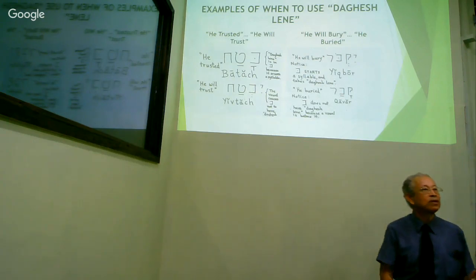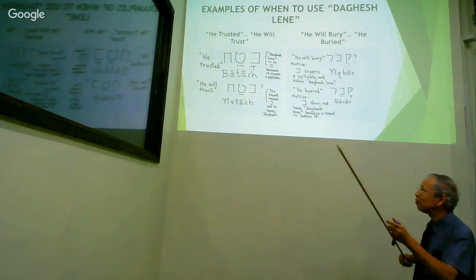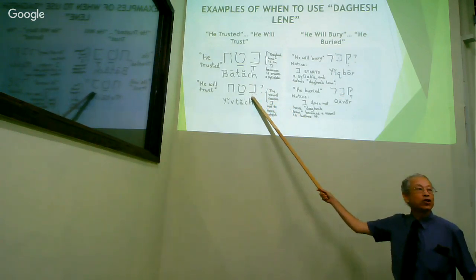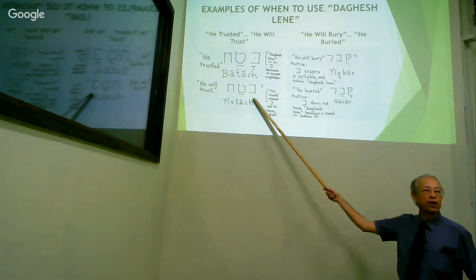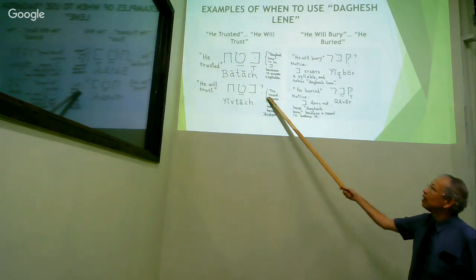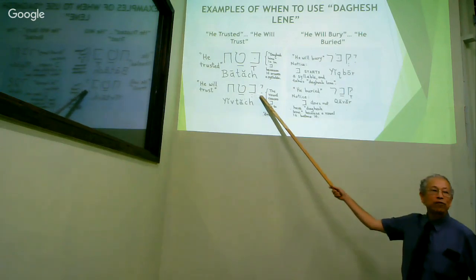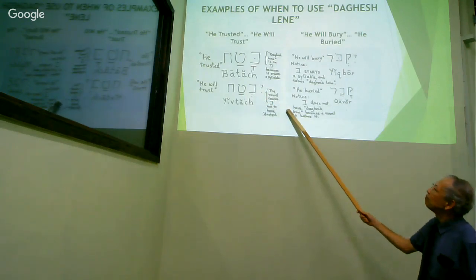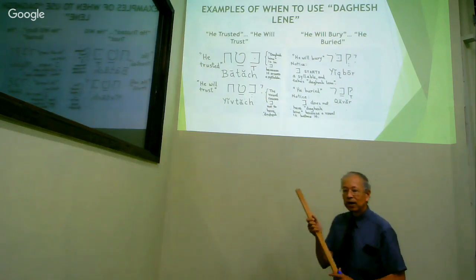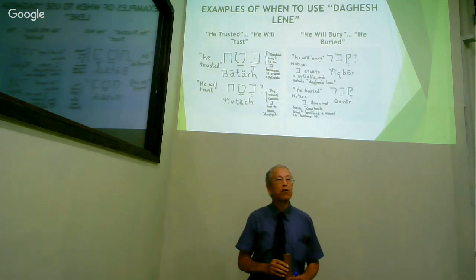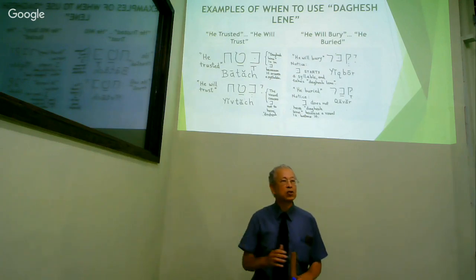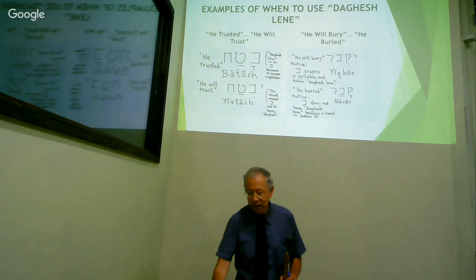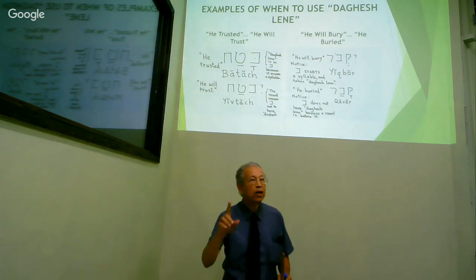Too much stress there. Too much stress, yes. So the Daghesh Lene is not going to stay in Beth, it is going to leave Beth. Can't stay there when this vowel is before it. I suppose that is a sign of its weakness. It can't stay, it's weak. Any question?